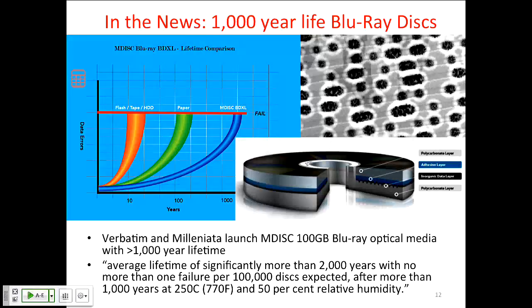And the cool thing about it is the laser they use to read Blu-ray discs will read those pits the same way it reads the dye change on a regular Blu-ray disc. So it's kind of like blowing holes in this material, and that's why it lasts so long, as opposed to the dye-based stuff of regular Blu-ray discs. Anyway, in 1,000 years' time, we'll come check to see how they're doing on this. All right, let's take a 2-minute break.